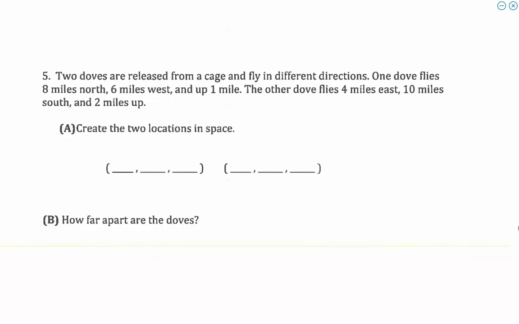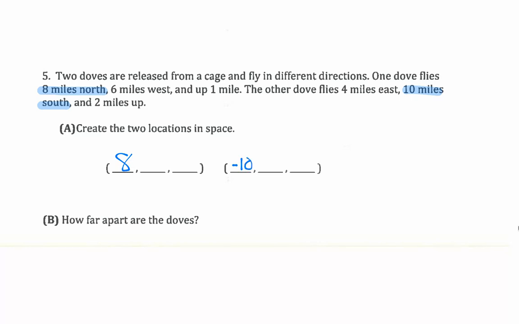So I'm going to go through and highlight real quick. 2 doves are released from a cage and fly in different directions. So this will be dove 1, dove 2. One dove flies 8 miles north. So I'm going to find out, where does the other dove fly, north or south? And it's 10 miles south. So 8 north, 10 south.